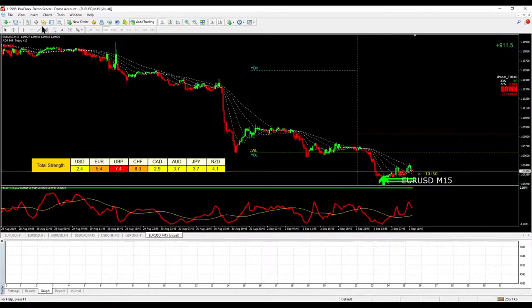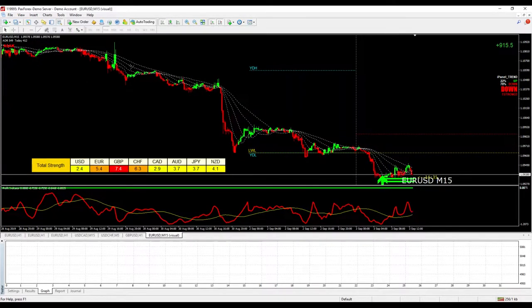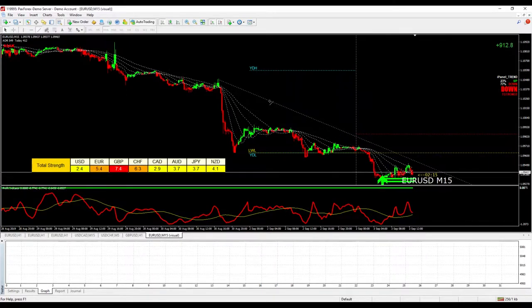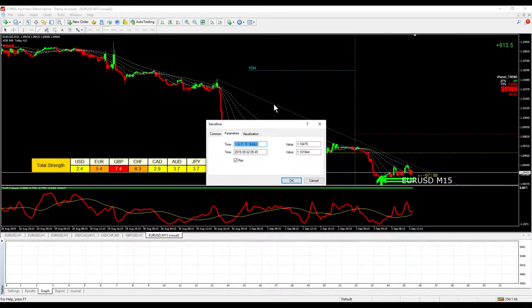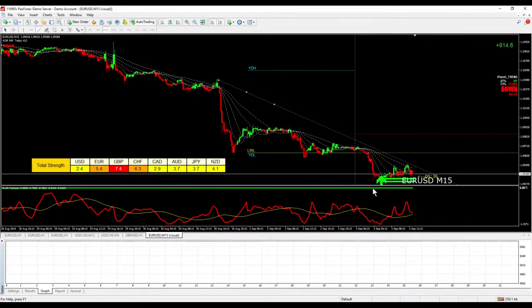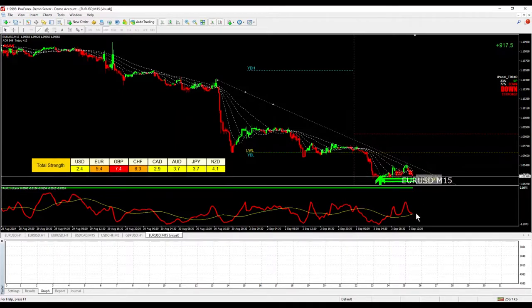If you put a trend line across here, you should actually be able to see it work. Once it crosses this trend line, this should be going up.